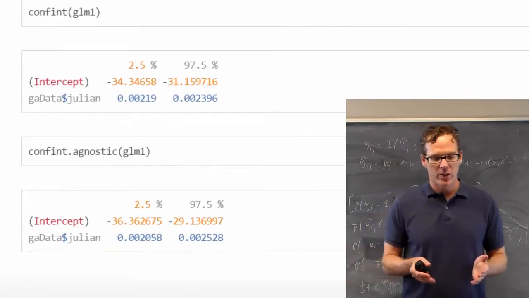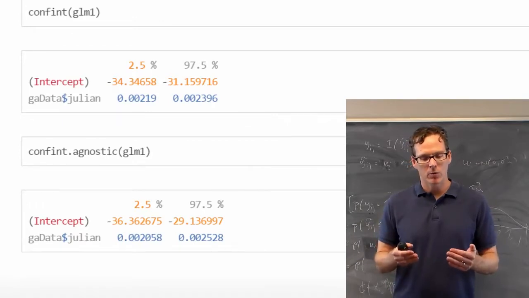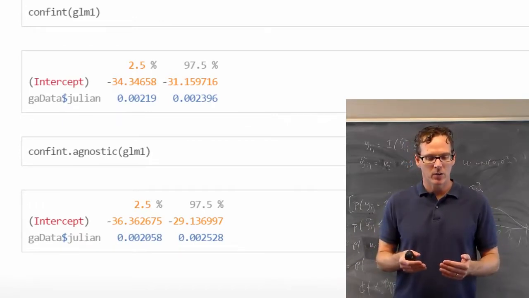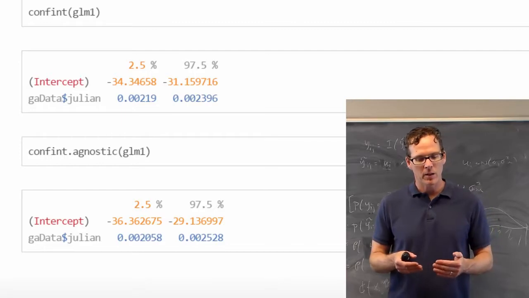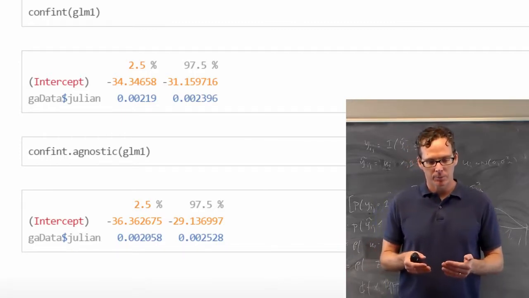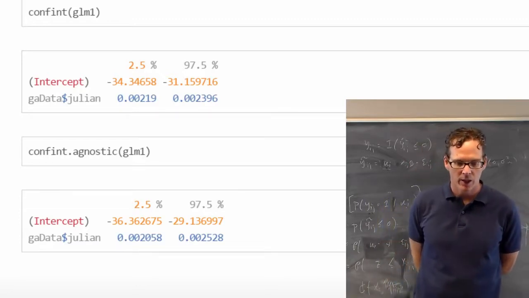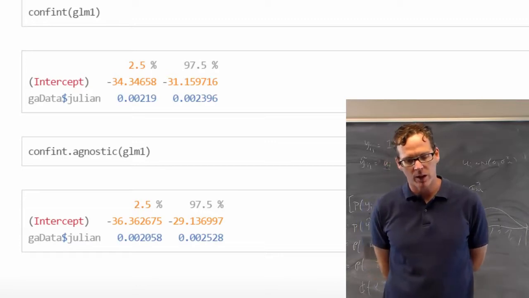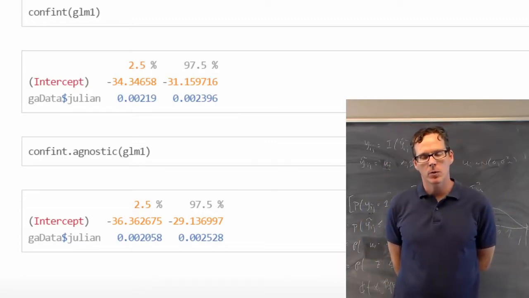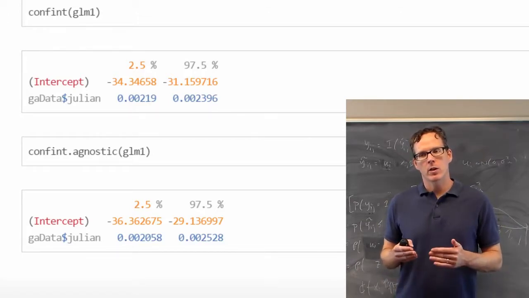So in this case, you see here's the confidence interval on the top. If we don't do anything, and if we do the model agnostic confidence interval, you get the one on the bottom. In this case, it actually doesn't make that big of a difference between the two. And again, these are both, of course, non-exponentiated. If you wanted to exponentiate them, which, by the way, I should also mention, exponentiating a small coefficient like this basically just adds 1.